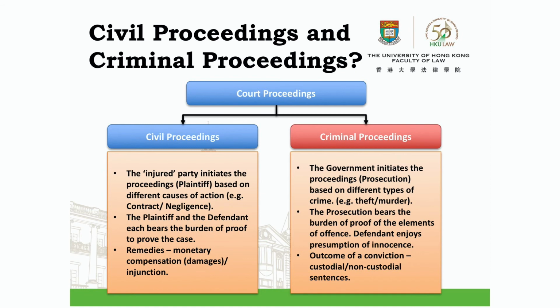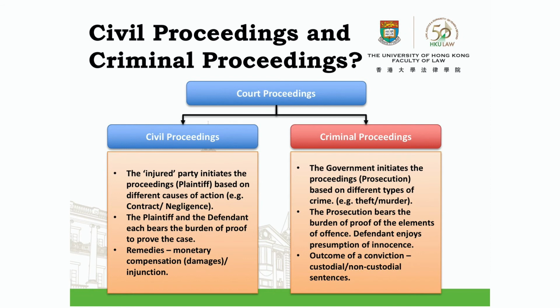Now, contrast that with the penalties available in criminal proceedings, right? So let's say a person is convicted of a criminal offense, then it's very likely that he'll be subject to some sentences passed by the court, which can be non-custodial or custodial.